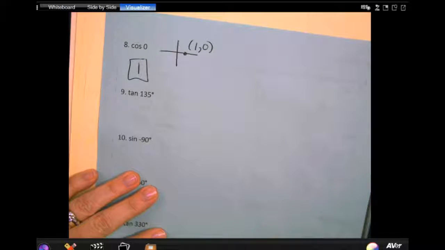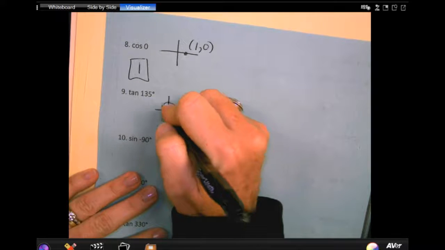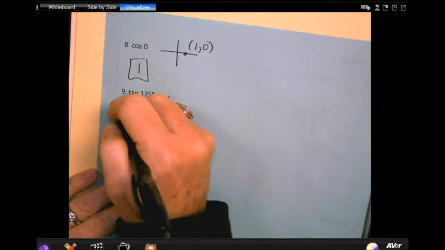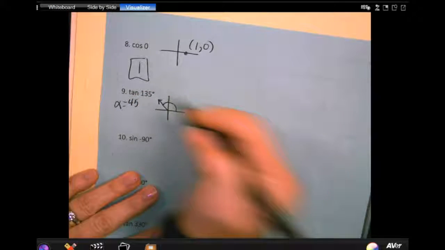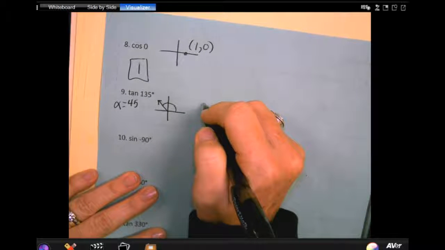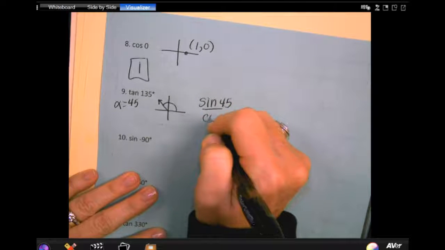The tangent of 135. So the tangent of 135 is here. So my reference angle is 45, or pi over 4. And what I want is the sine of 45 over the cosine of 45.